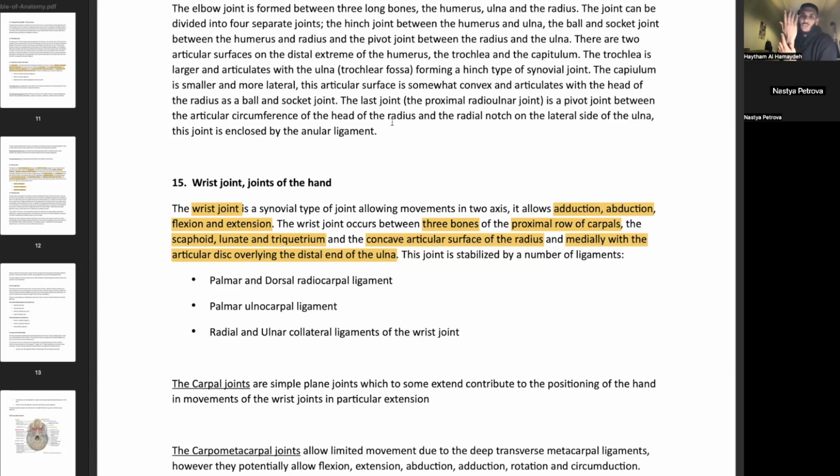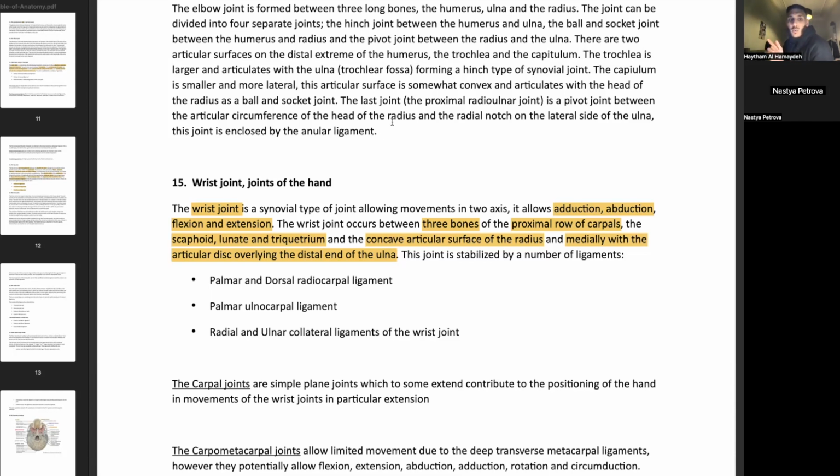So you have the dorsal radiocarpal ligament, and then on the side of the radius we have the palmar radiocarpal ligament. Dorsal side, we have the dorsal radiocarpal ligament.